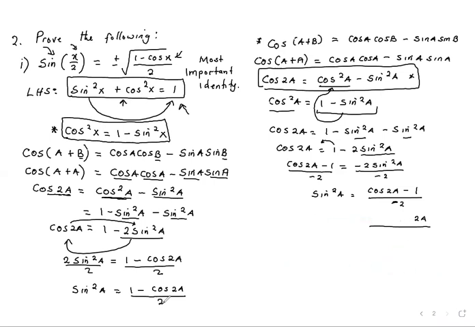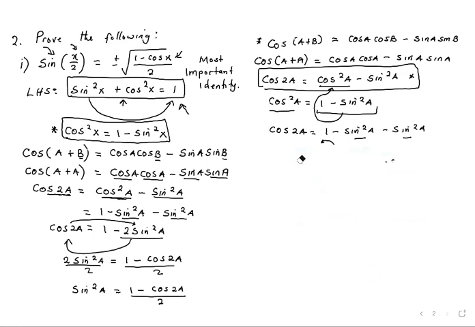We just need 2 steps to finish the identity.